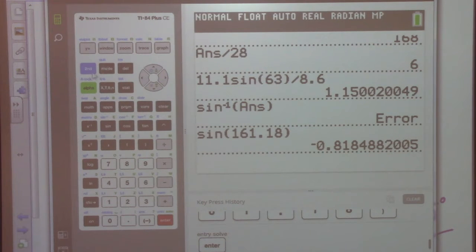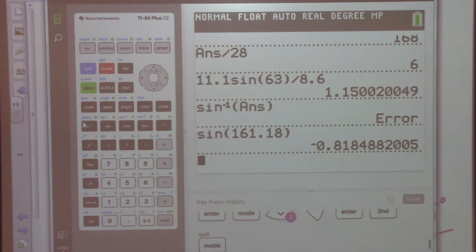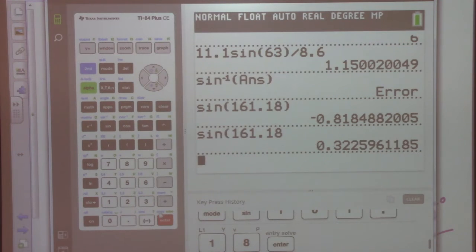Let me get down to degrees. Let's try again. Sine 161.18, we get this. And let's go ahead and look at the reference angle.